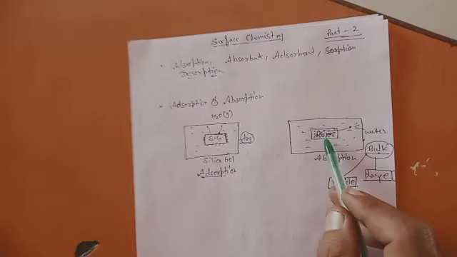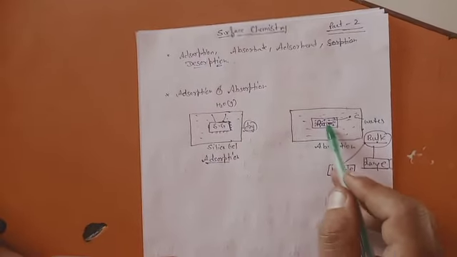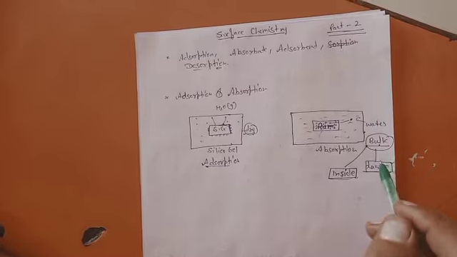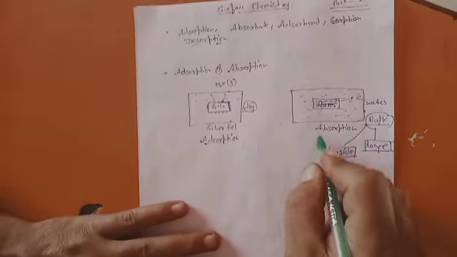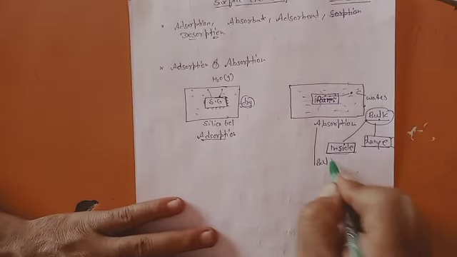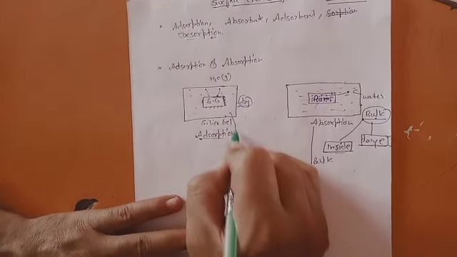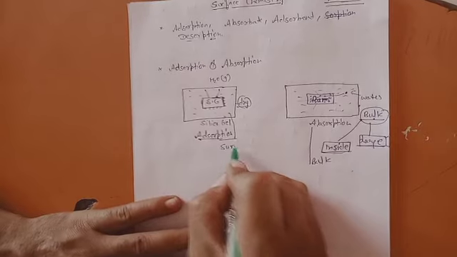So bulk means inside matter, if you are talking in science language. So that's why we call absorption a bulk phenomenon, while adsorption is a surface phenomenon.